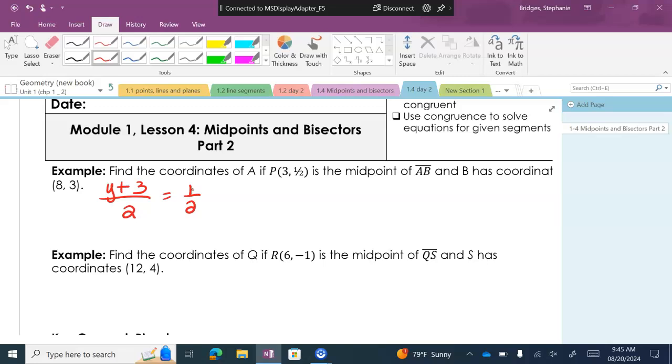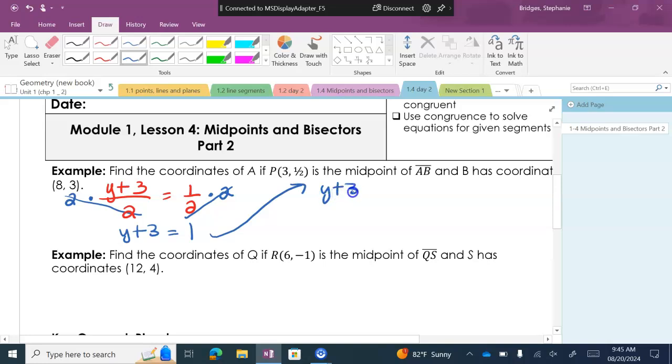All right, what did I do? I need to get rid of that 2. To undo dividing by 2, we multiply. The 2's are going to cancel, leaving me with y plus 3. What are the 2's going to do on the other side? They're going to cancel as well and just leave me with 1.